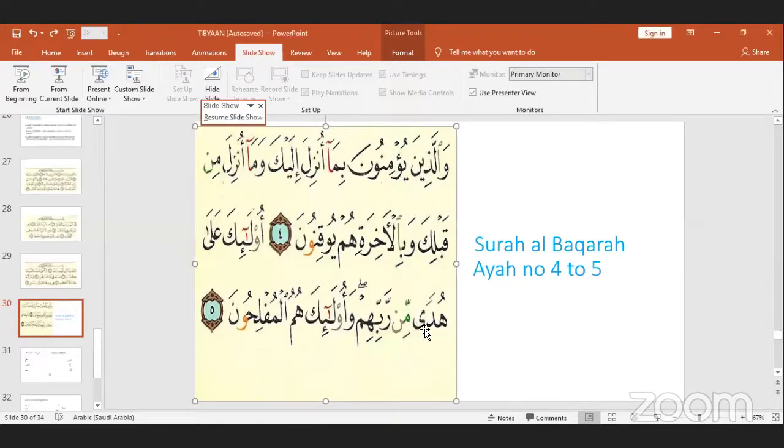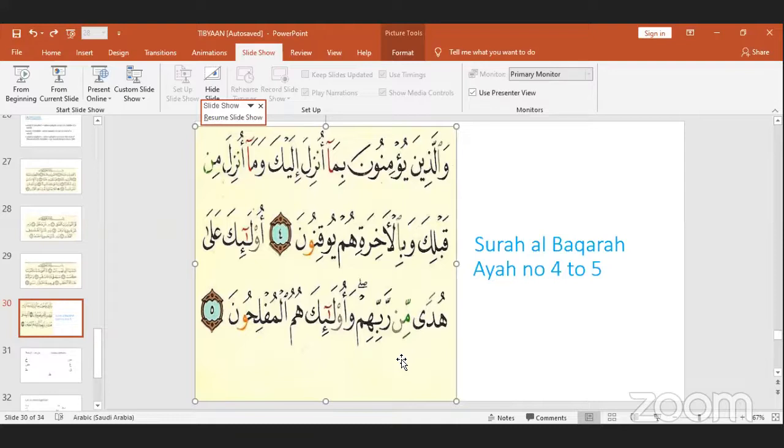Here you should do ghunna. Then mir rabbihim. Here the noon does not have any harakat on it, but it does not even have a sukun, so you have to merge it with the ra. Mir rabbihim, it's not min rabbihim. Min is wrong. Mir rabbihim, you have to merge them.